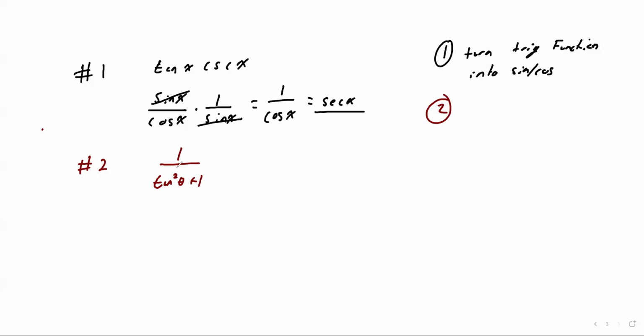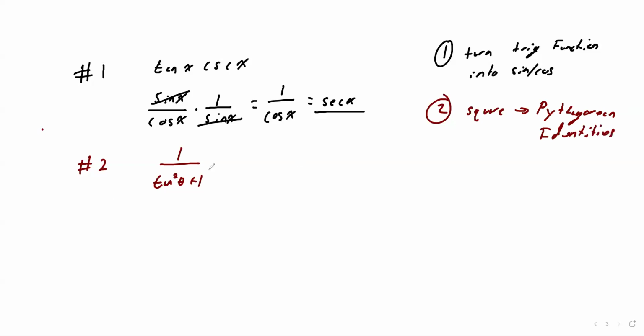I feel if I turn these into sines and cosines, I can definitely go a harder route with this. But another thing I want to pay attention to is anytime I have a square, I want to look at my Pythagorean identities. Can I use them to make my equation look a little bit simpler?